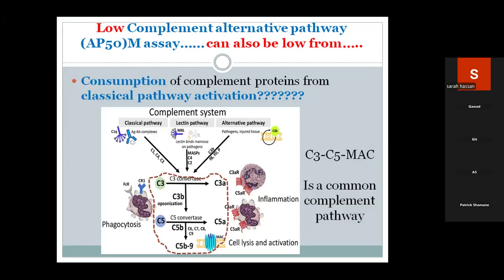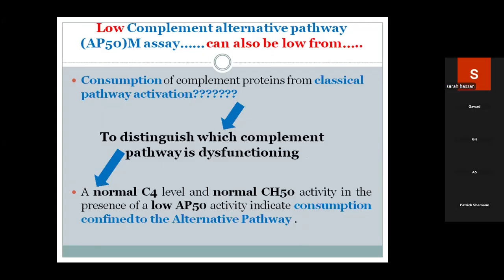How to distinguish complement pathway dysfunction: normal C4 level and normal CH50 in the presence of low AP50 means consumption confined to the alternative pathway. Whenever the C4 is normal, this means that there is no antigen antibody reaction and that C3 is activated alone. So it's not an immune complex mediated GN. So the normal C4 here is very important.